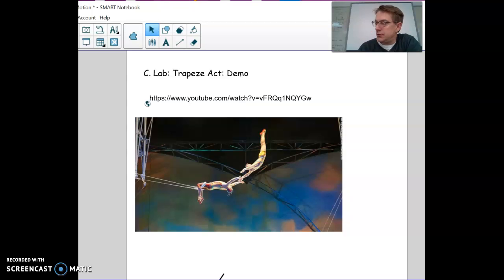So if you ever wanted to join the circus and join a trapeze act, this swing is changing both its tangential velocity, because it's speeding up until it hits the bottom of the swing where it's going to have its maximum kinetic energy, but it's also changing direction.